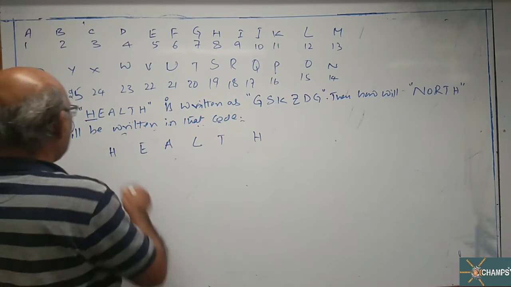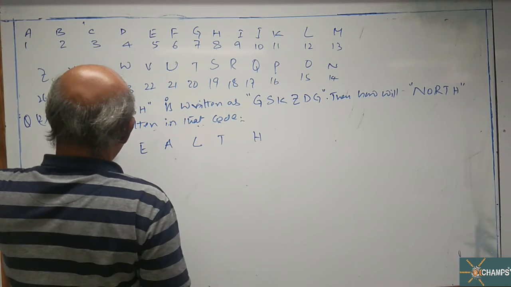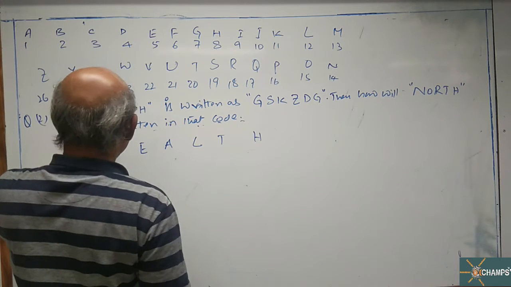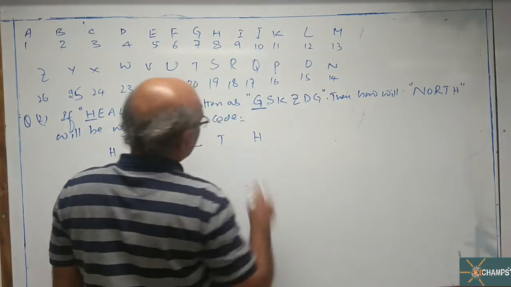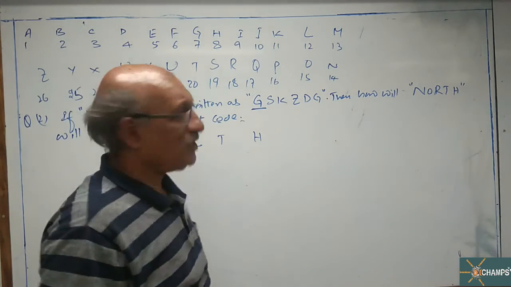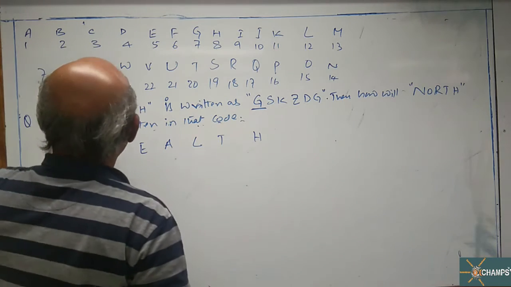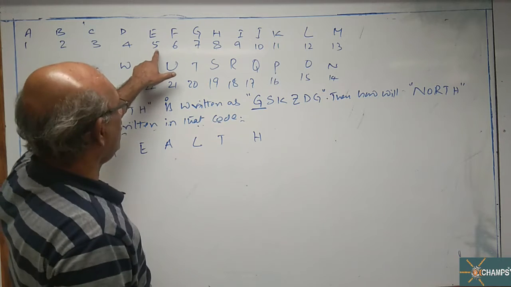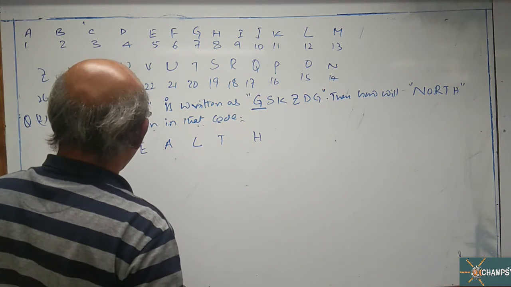Let me see the relation between these two. When I subtract 1 from the numerical assigned to H, I am getting the numerical assigned to G. Next, what is the next letter, sir? E. What is the numerical assigned to this? 5. So the same logic is not applicable here.